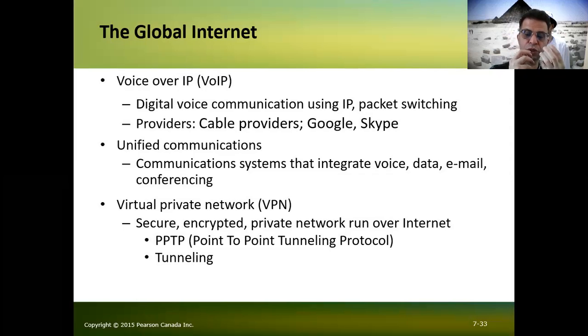It switches from analog to digital, and on the other side there is a built-in application, a modem, that switches the digital to analog. Providers, cable providers, Google, Skype, they all use VoIP for you. And unified communication systems integrate voice, data, email, and conferencing.